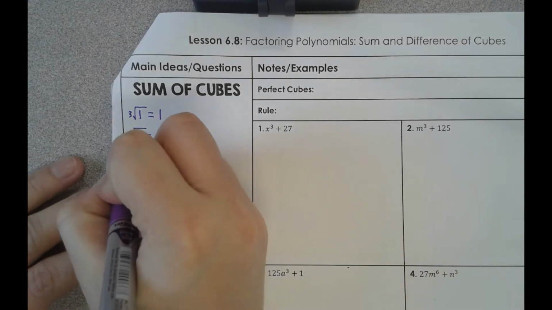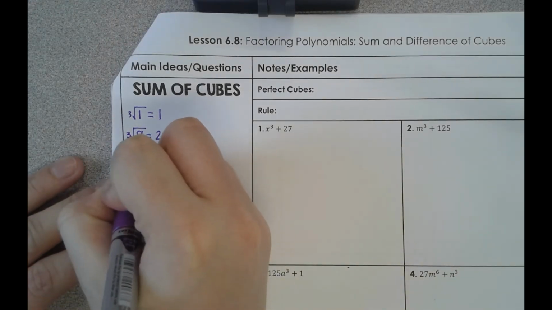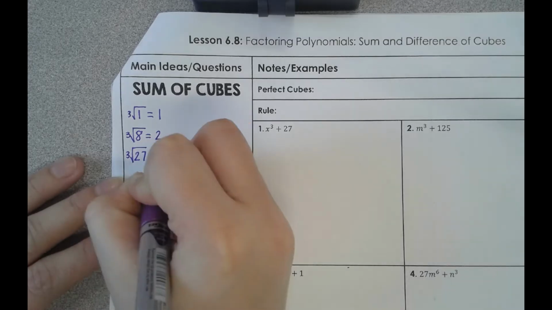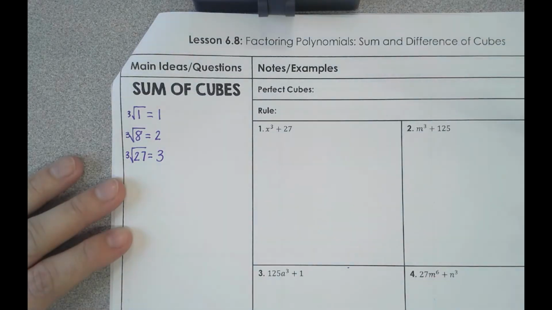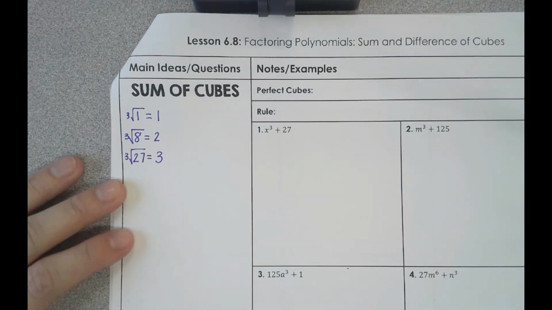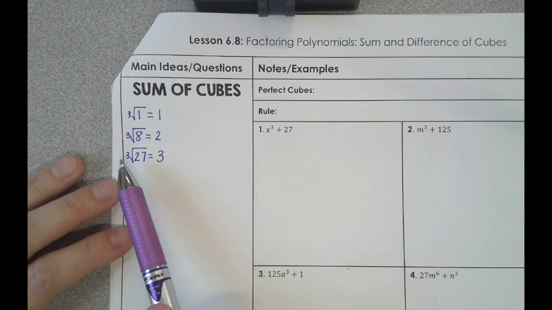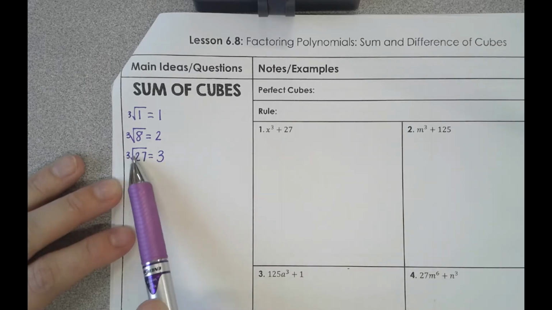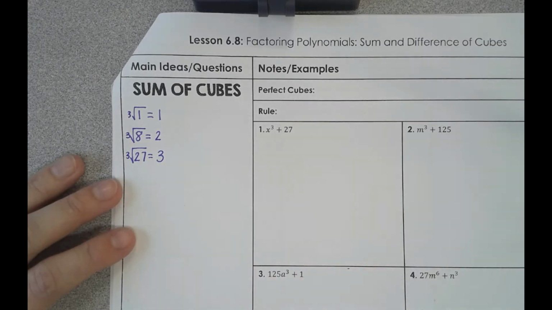The next one, the cubed root of 27 is 3. Make sure you're actually writing a little 3 here. If you don't put that 3, then that would mean square root, and the square root of 8 is not 2. So make sure you're putting the little 3 there.